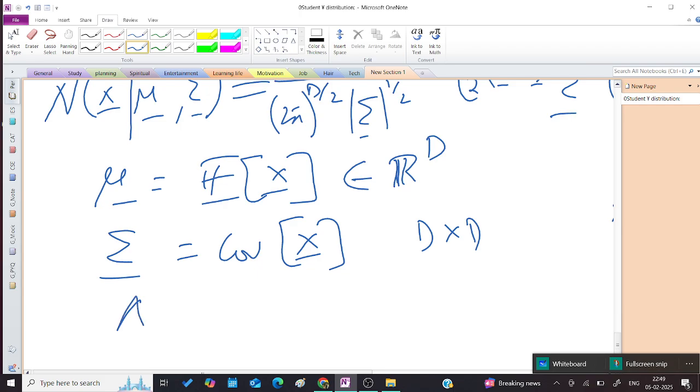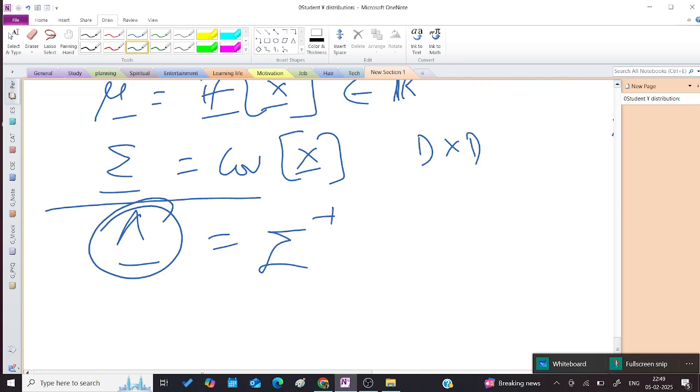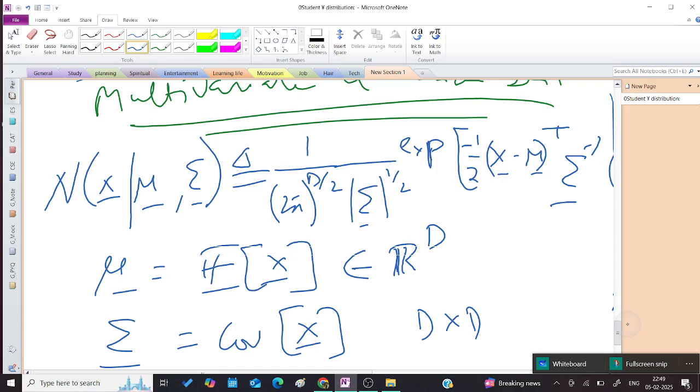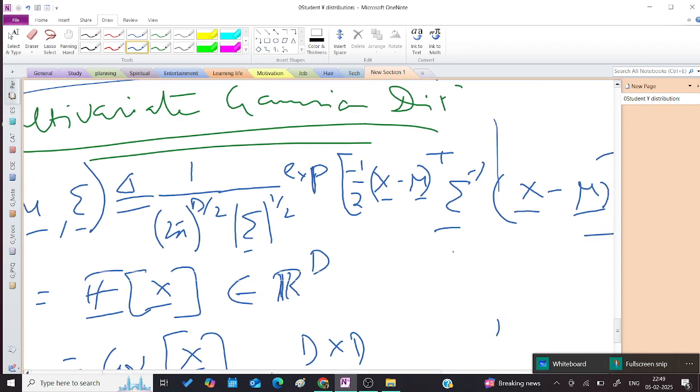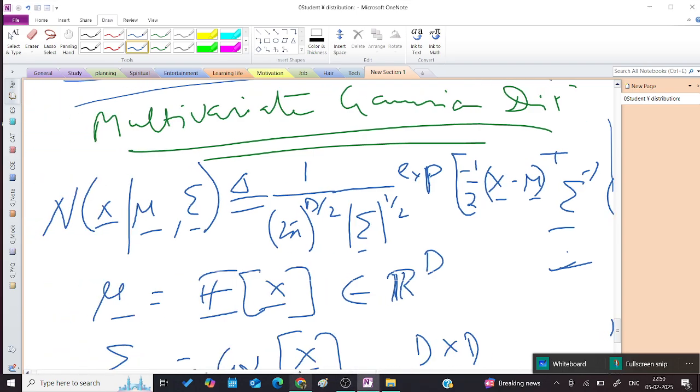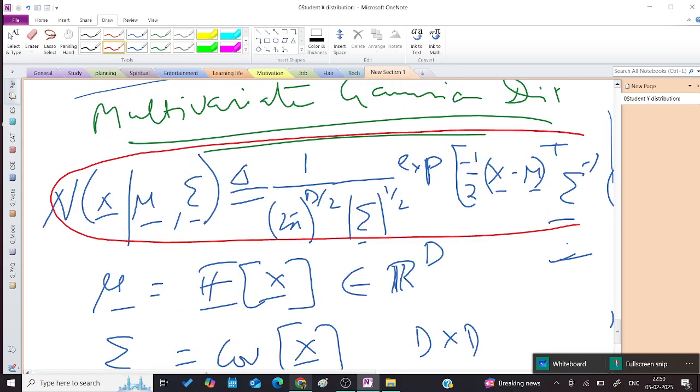And finally, this thing we use as sigma to the power minus 1, and we may replace some of the terms as per requirement. Now you can ignore this term and focus only on this formula.